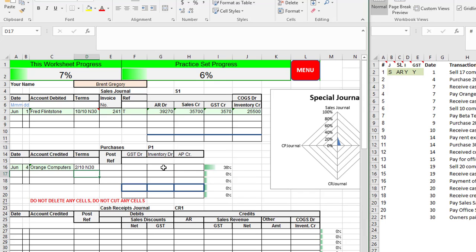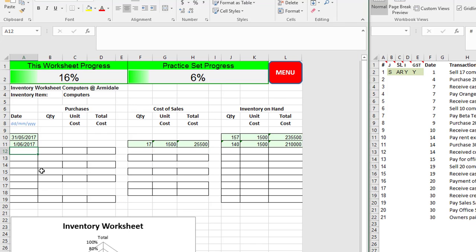Now, as we said before, if you've got a transaction that involves inventory, it's usually wise to go to the inventory record first. So let's go to the inventory record, and we go here, date 04/06/2017. And this time we have made a purchase.